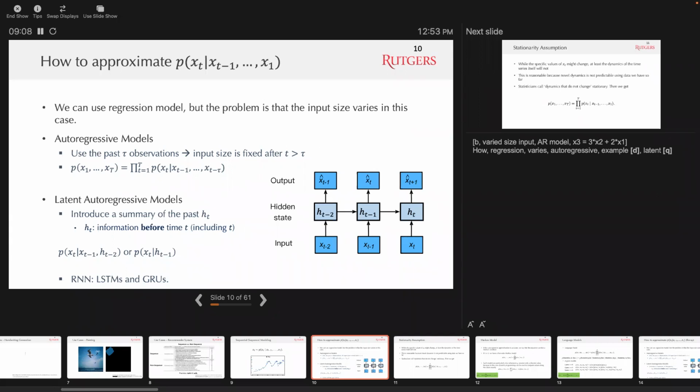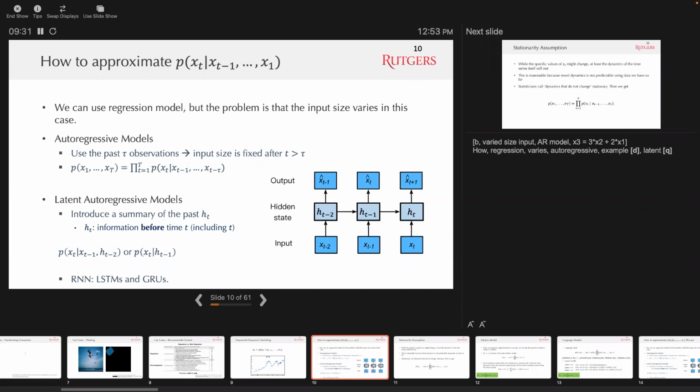But for x4, we're going to do the same. Only this time x2 becomes x3. So it's still going to be a2, but this time it's multiplied by x3. And still going to be a1, but this time it's multiplied by x2. And then you have this bias term.